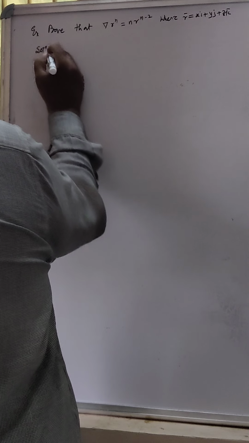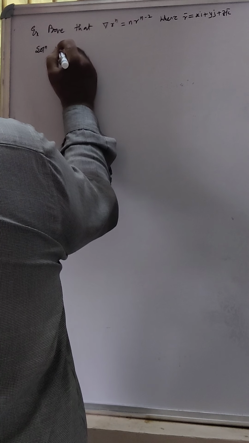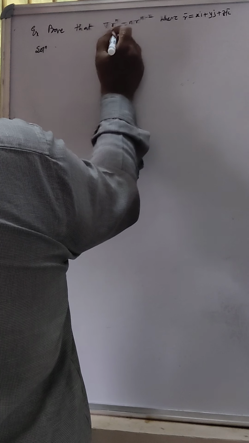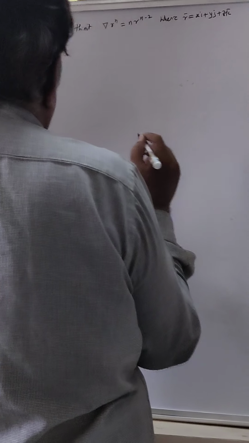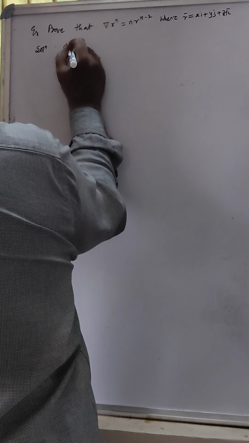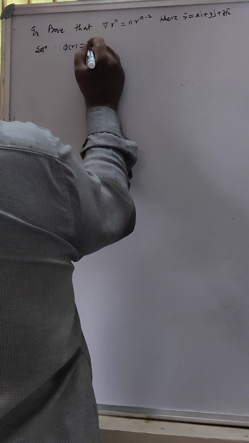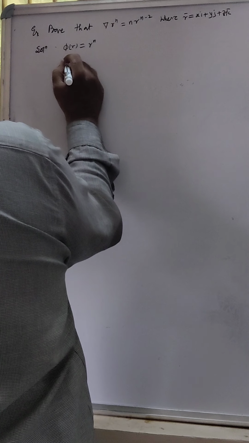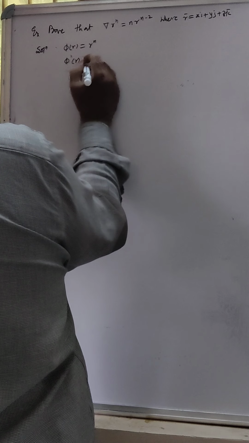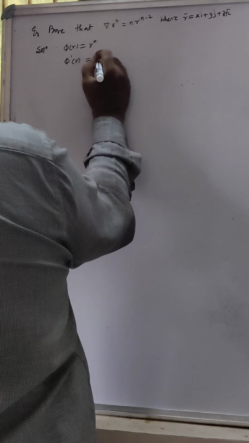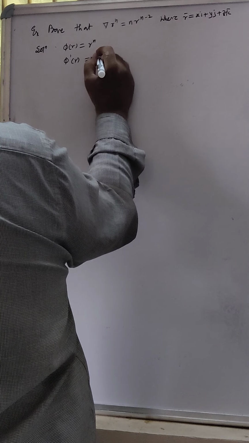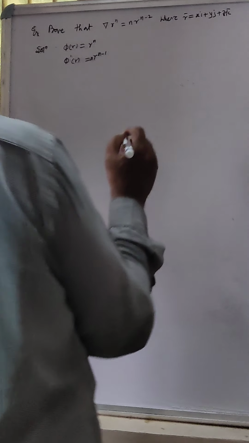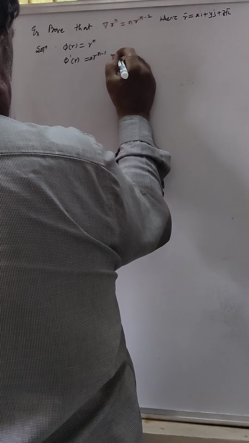Solution: del of r raised to n. Here r raised to n is a scalar quantity, therefore phi r is equal to r raised to n. Phi dash r is equal to n times r raised to n minus 1, and del r.